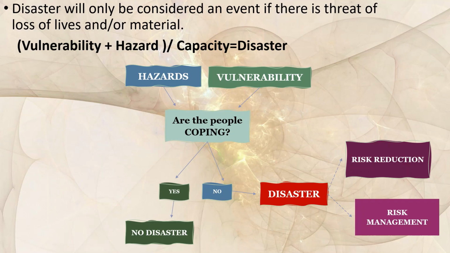If yes, that is not a disaster. If no, if people can't cope with these events, hazards or vulnerability, that will become a disaster. And that disaster can be prevented or minimized, as well as the casualties, by risk reduction and risk management.